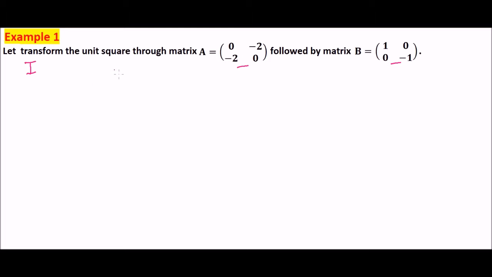This is our object, and we start by matrix A, followed by B. So that is what the statement means, that we transform our unit square through matrix A, followed by matrix B. The one that you are starting with is the one next to the object.